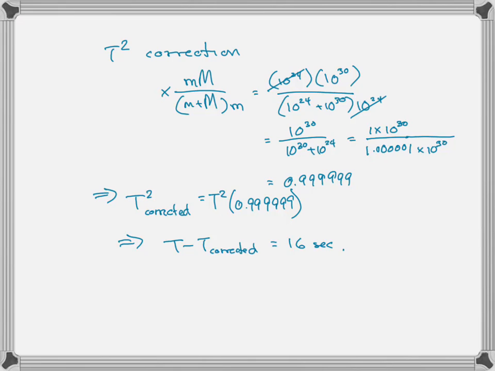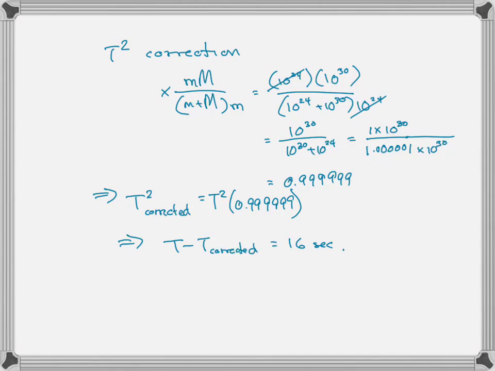So if we take into account the fact that the center of mass of the Earth and sun is not at the center of the sun, the real period, or the corrected period, is 16 seconds less than treating the sun as if it's fixed in place.